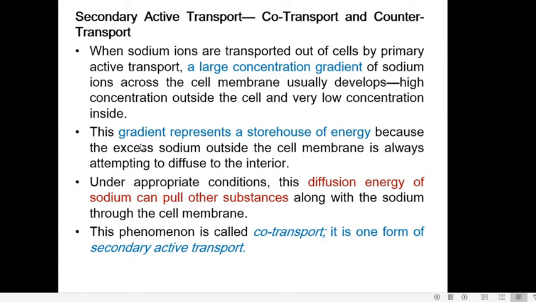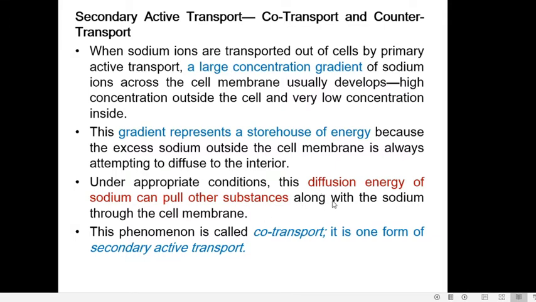So this gradient represents a storehouse of energy because the excess sodium which has been pushed out will have a tendency to diffuse into the interior. It will always have a tendency to move from high concentration to a region of low concentration. So this gradient which has been created by the sodium potassium pump gives an urge for sodium to move again back into the cell interior.